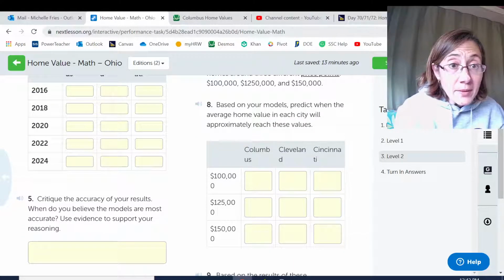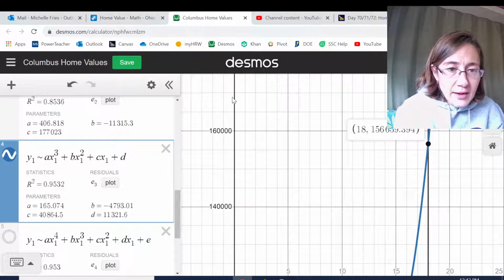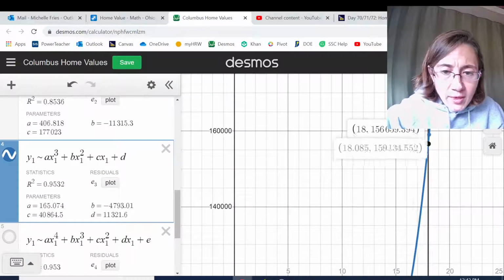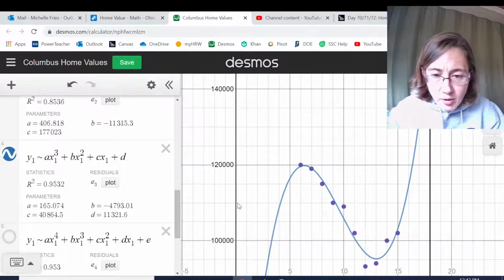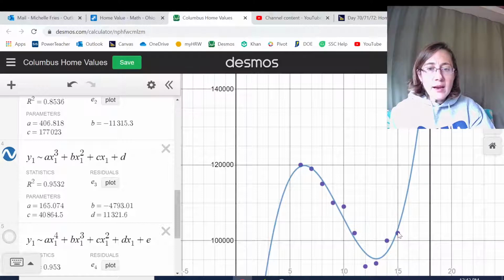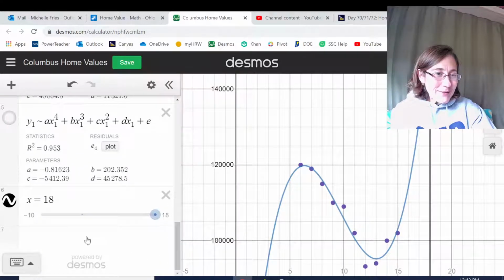So let me look at Columbus, since that's what I have graphed for you. Now I'm wondering when the home values will be $100,000. My most recent data point is 2015, and they were $102,000 at that point. So I would say they would hit it in 2015.